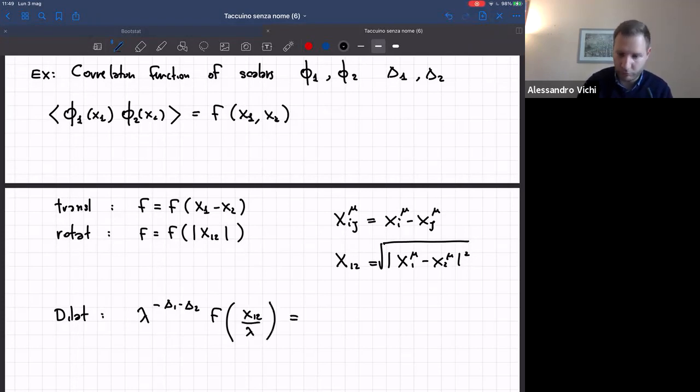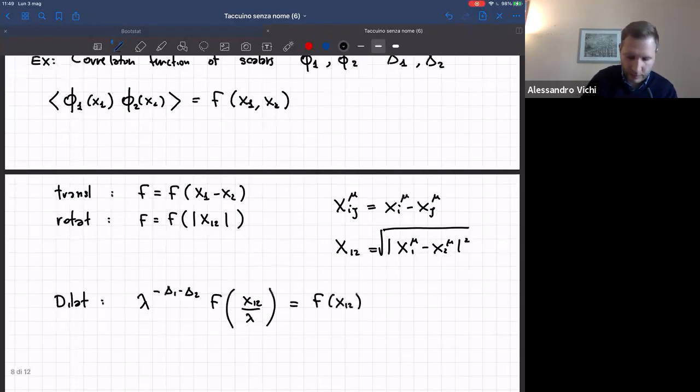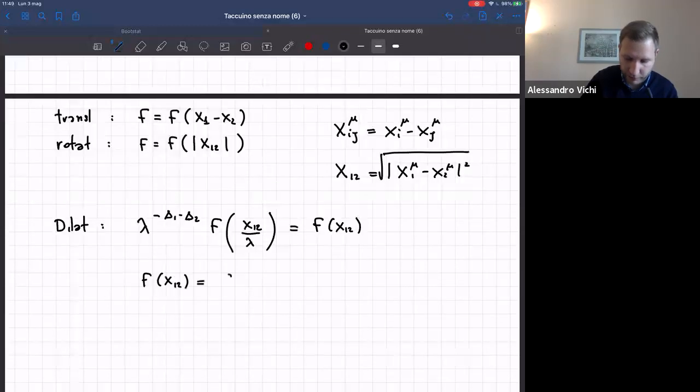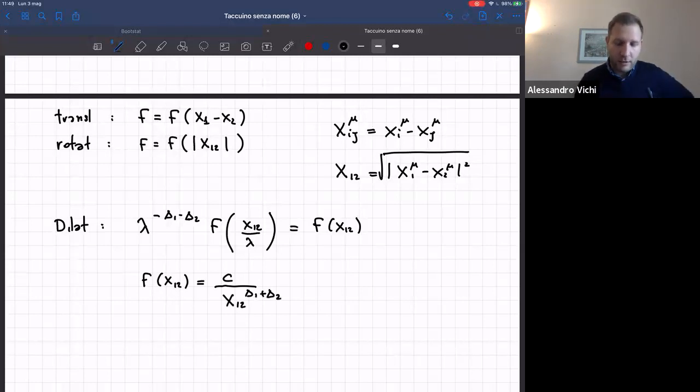And this has to be equal to f of x12, which forces the function of x12 to be, in fact, a constant value divided by x12 to the power delta 1 plus delta 2. Okay, you can make this a little more formal, but there's only this solution. But still, this is what would be the case in a simply scale invariant theory.